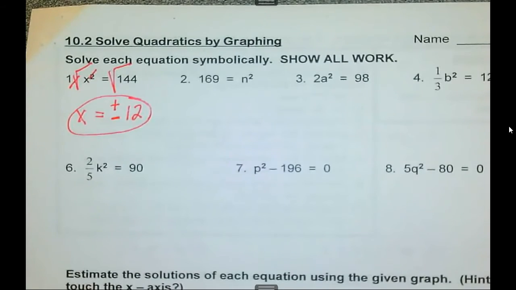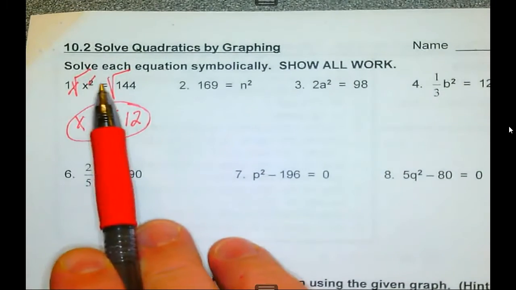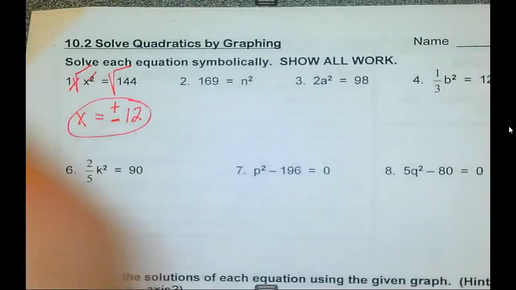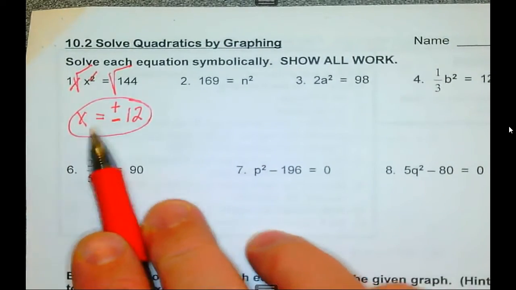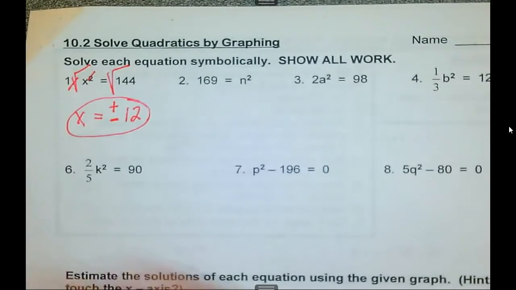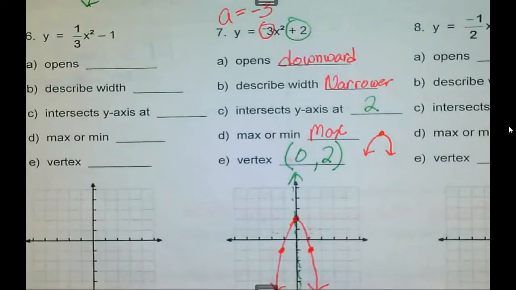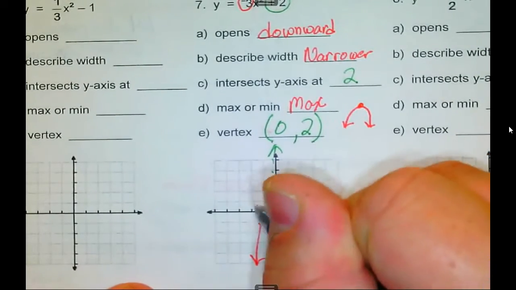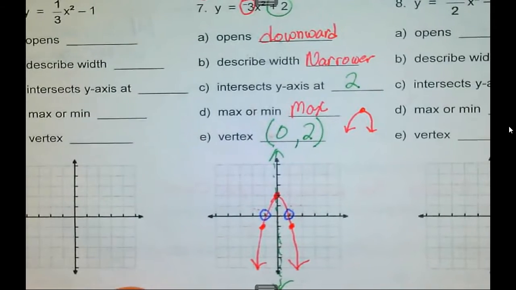Well, you're probably asking me, this is a quadratic equation, which is what we were just graphing, right? Probably asking me, hey, can I make a connection to what that negative and positive 12 is? Well, that negative and positive 12 is where these points are intersecting the x-axis, okay?